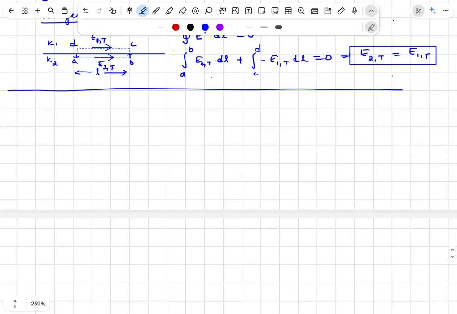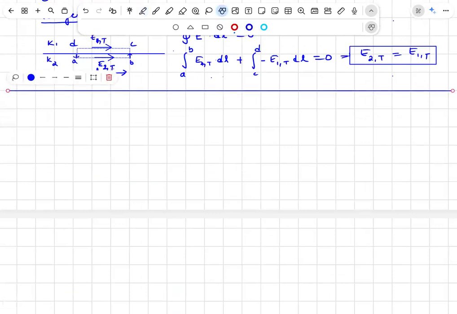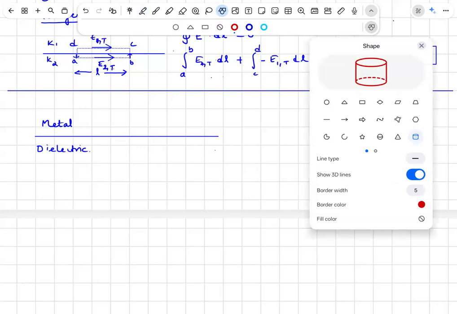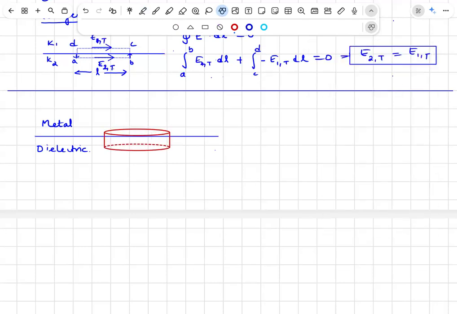What if, instead of all this, you have the boundary where above is metal, below is dielectric. Now what is happening here?